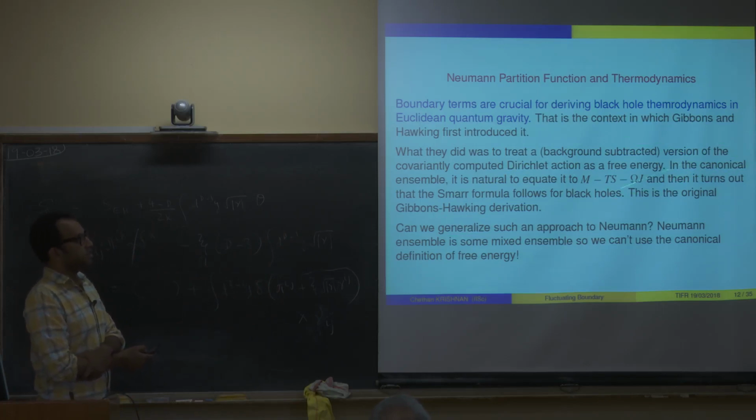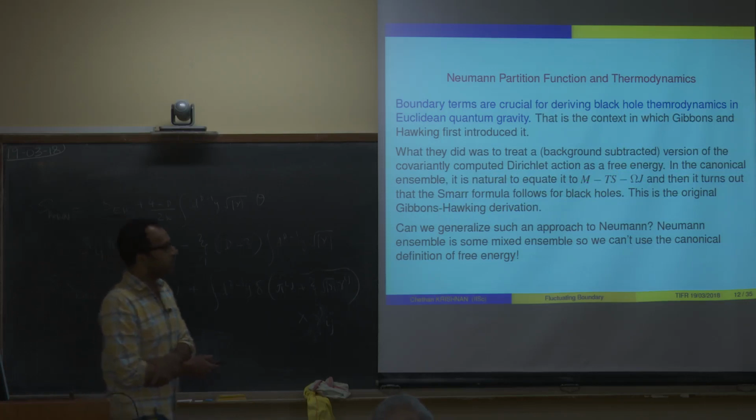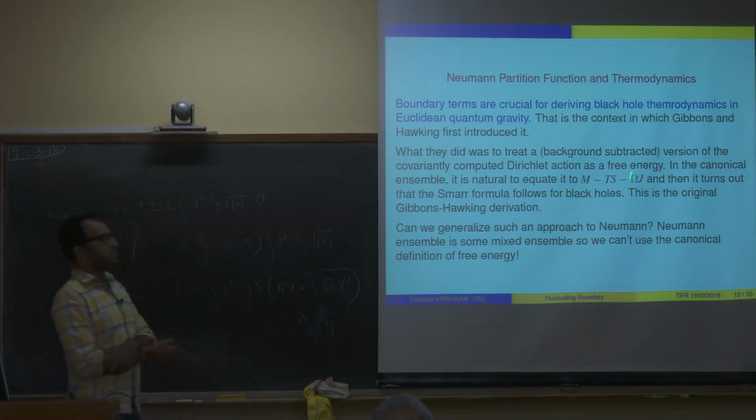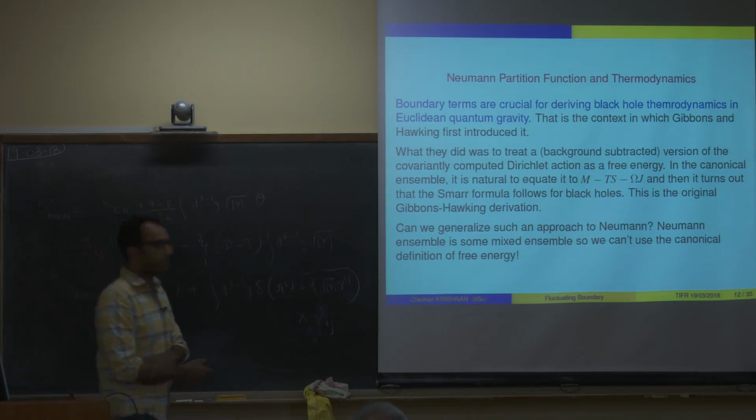In the canonical ensemble, it is natural to equate that to M minus TS minus omega J, and then it turns out that this is the same thing as the Smarr formula for classical black holes, if this S is A by 4 and T is the standard Bekenstein-Hawking temperature. This is the original, yeah.